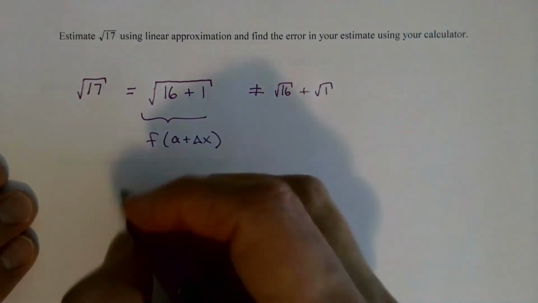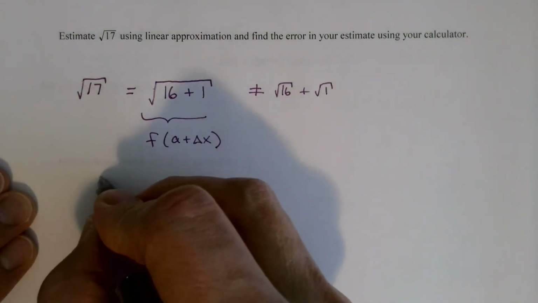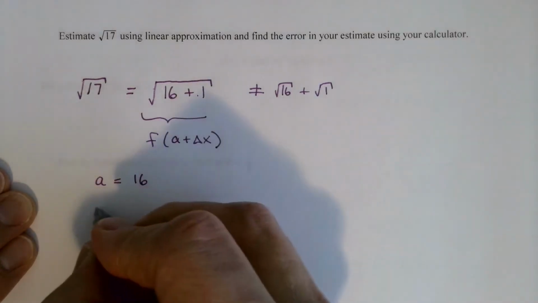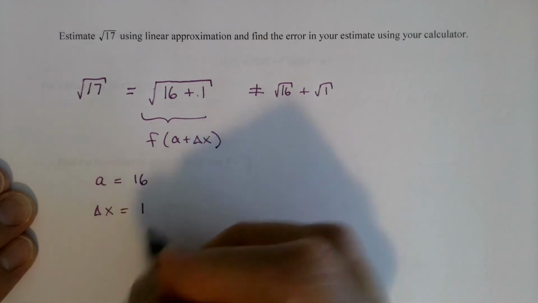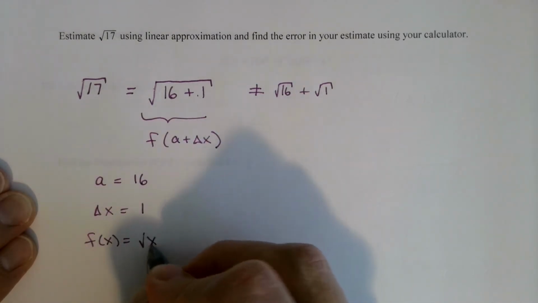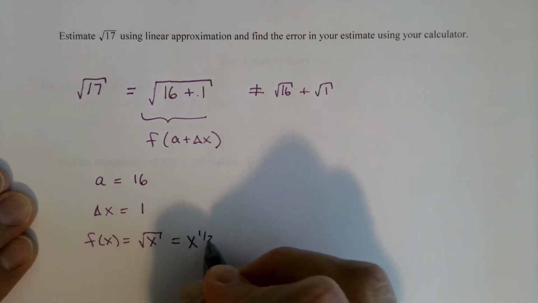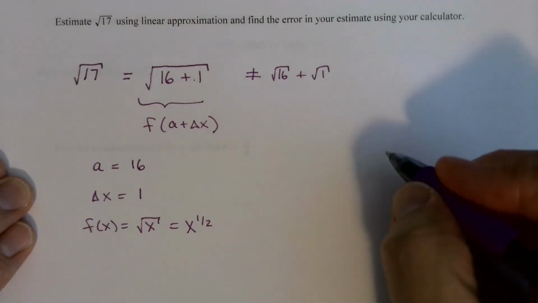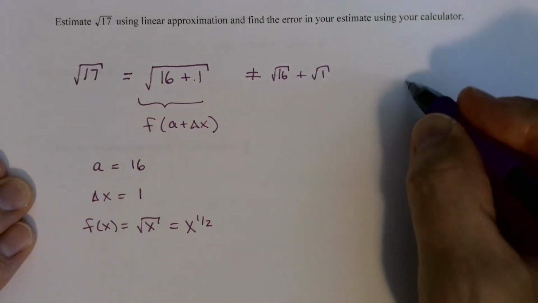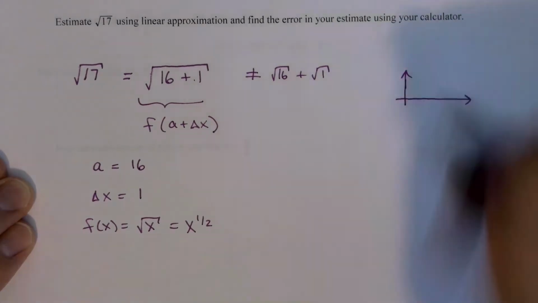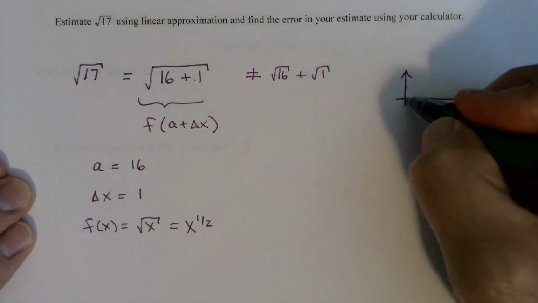But this tells me then that a is 16, the delta x is 1, and the function we're talking about, f, is the square root of x, or x to the 1/2 power. And so again, what are we doing? Let's just draw a little picture of this. If you remember, the graph of the square root function looks something like this.